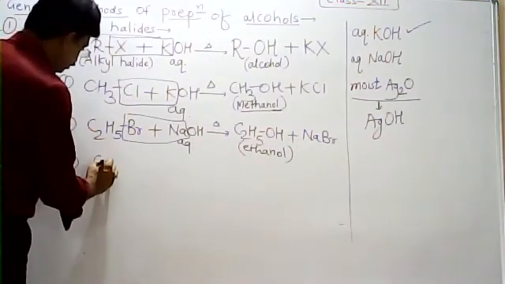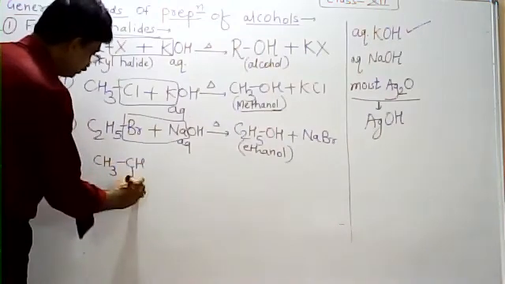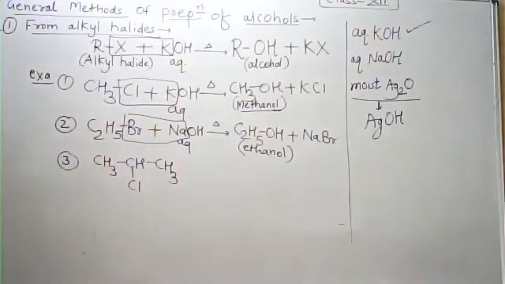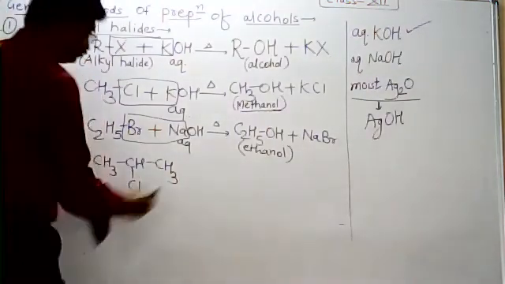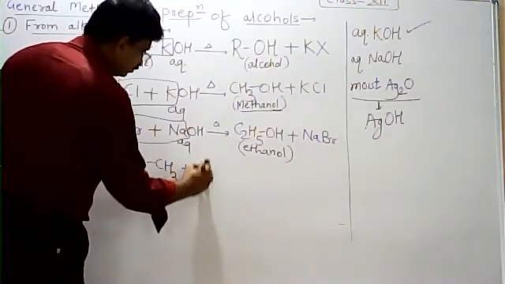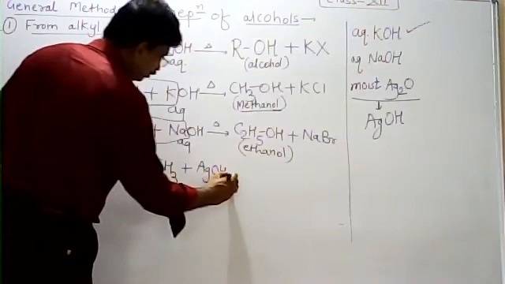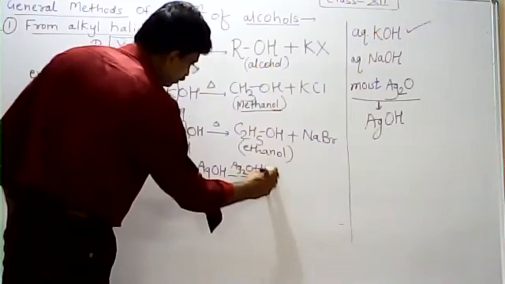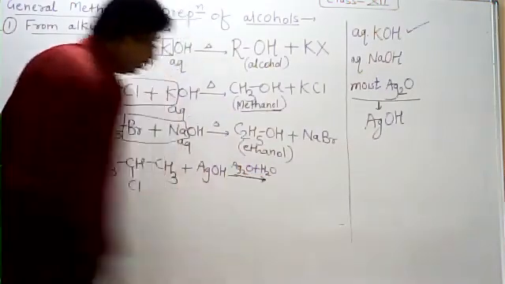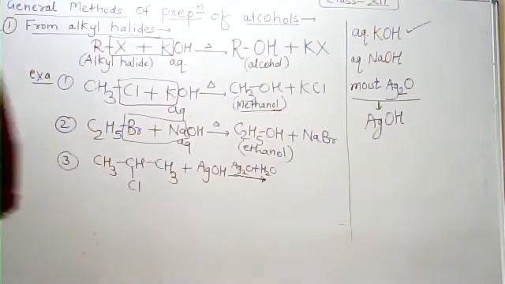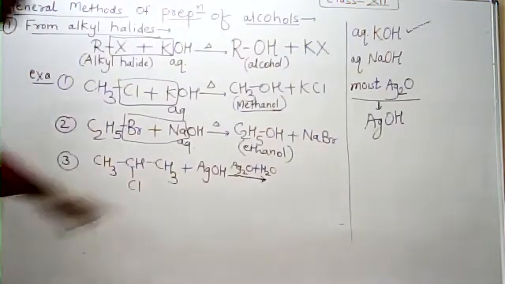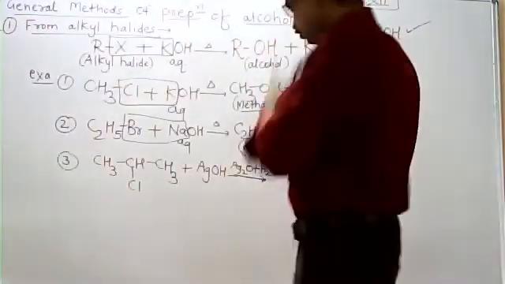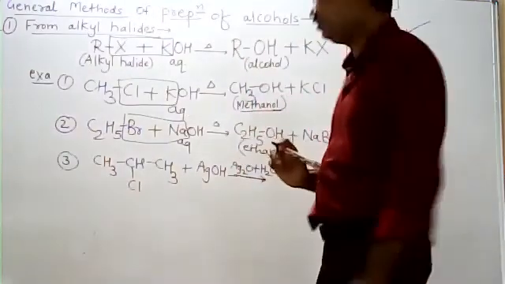Okay. Then third one, a very simple reaction. CH3CHClCH3. What is the name of this alkyl halide? Plus AgOH. We can have again obtained from Ag2O plus H2O. Ag2O plus H2O असं लिहा, किंवा instead of H2O you just write moist. माहिती आहे आपल्याला, moist Ag2O means water added Ag2O.